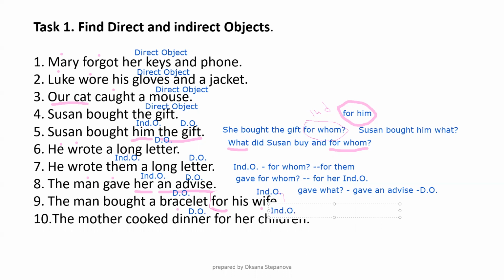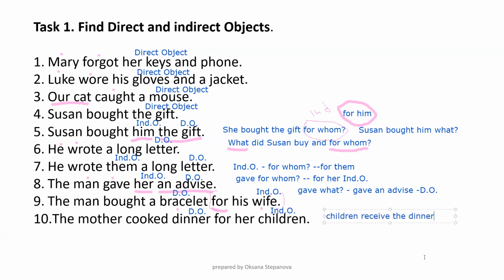When you can put a preposition, or if the object comes after a preposition, you know that normally it is the indirect object that receives the direct object. So children here receive the dinner. Okay, so they receive the direct object.